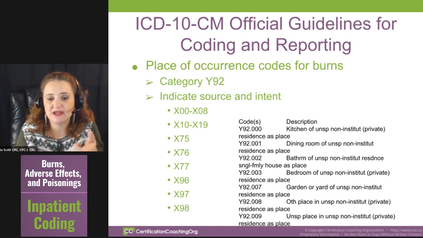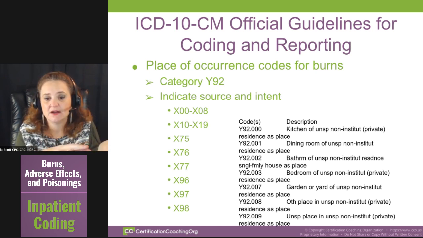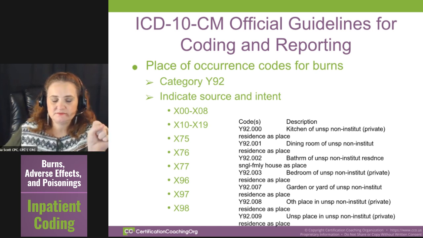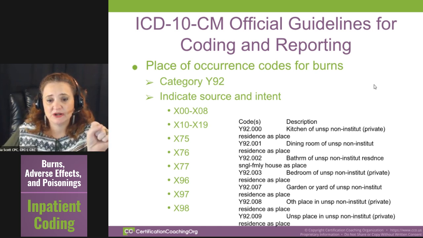Now, other place means that it was identified, but we don't have a code for that. And then unspecified is we don't know where it happened. Okay. But it's a private residence. So maybe it was the salon, I guess, or the back porch. I don't know.